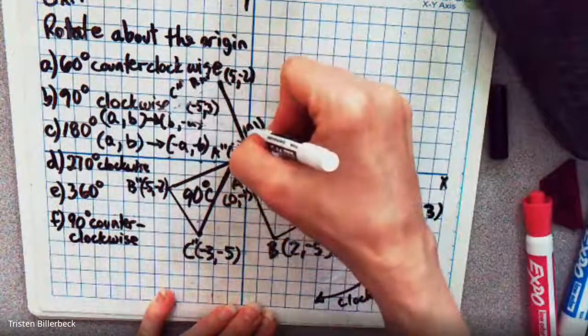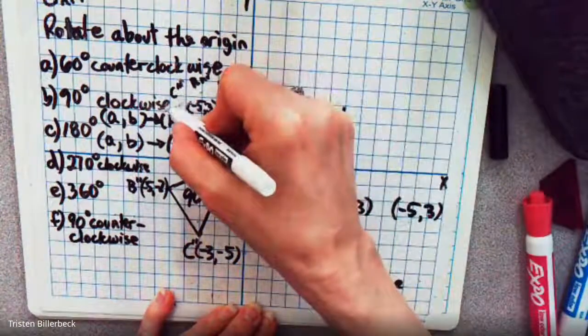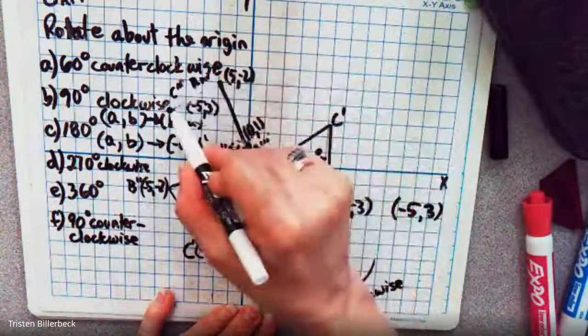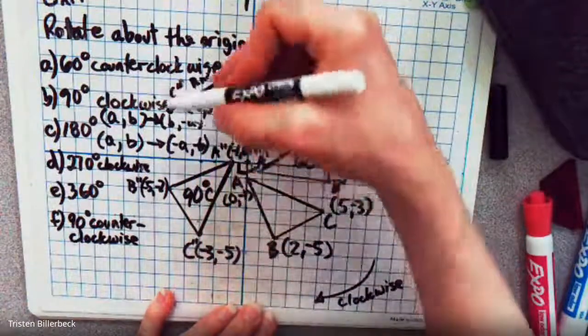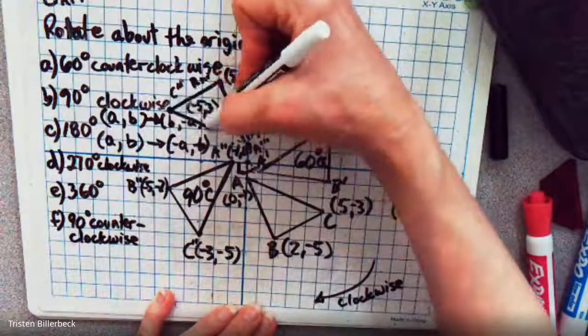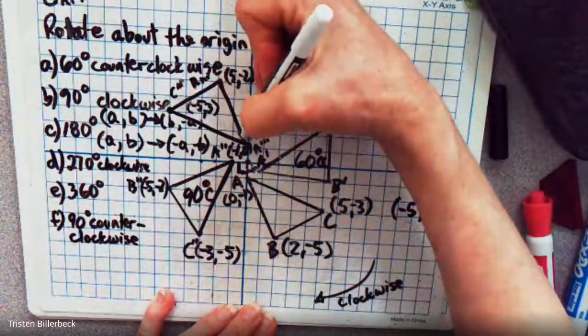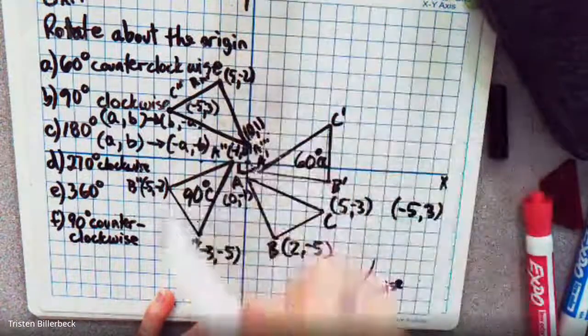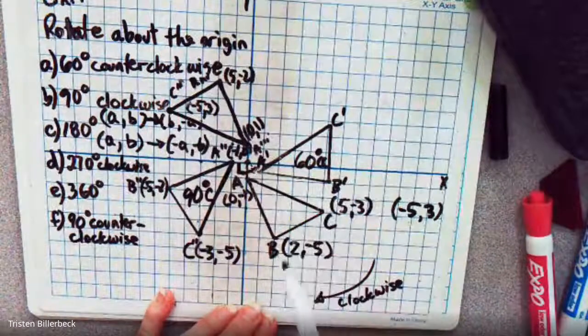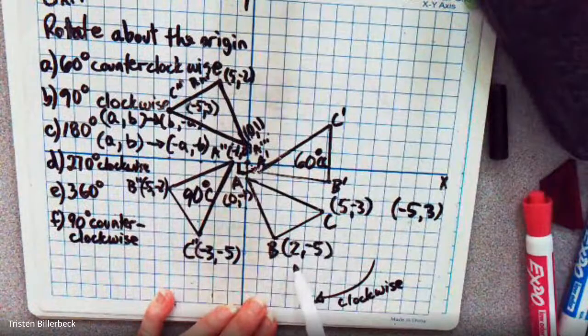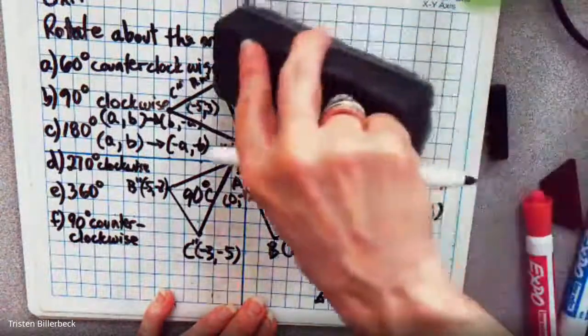So 1, 2, 3, and then we were over here, -5, +3. So we were okay. So everything was fine. This one was a little off because my coordinate was wrong.